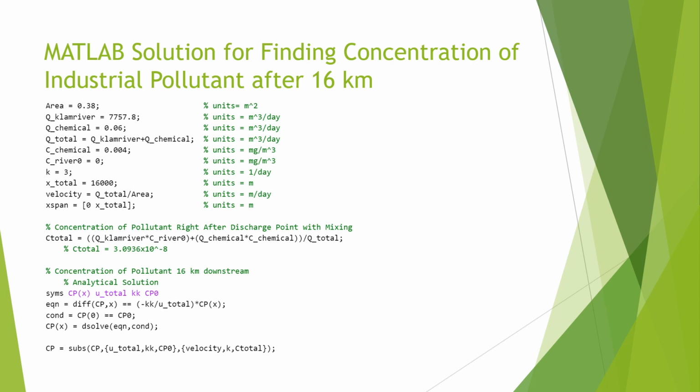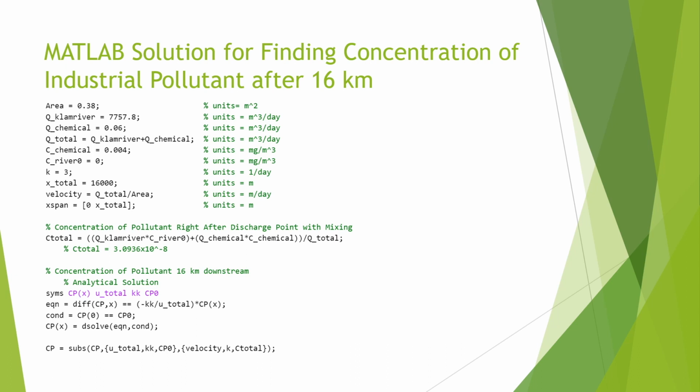In order to solve this problem, we needed to know what the concentration of the pollutant was right after the discharge point when it mixes in with the river, because that's our initial concentration for our differential equation later. To find this, we use the equation that says Q river, C river, plus Q chemical, C chemical equals Q total, C total.